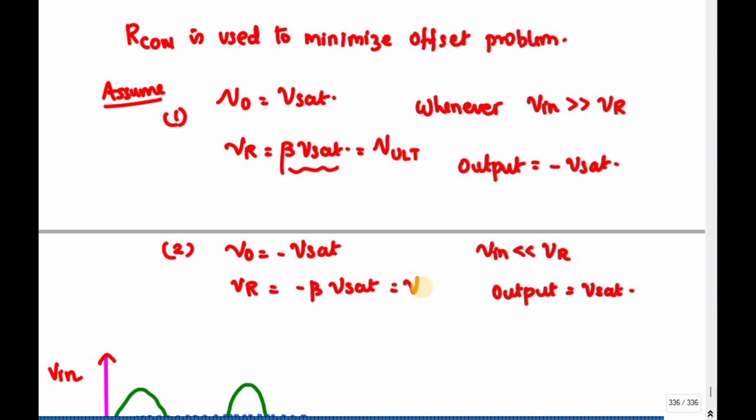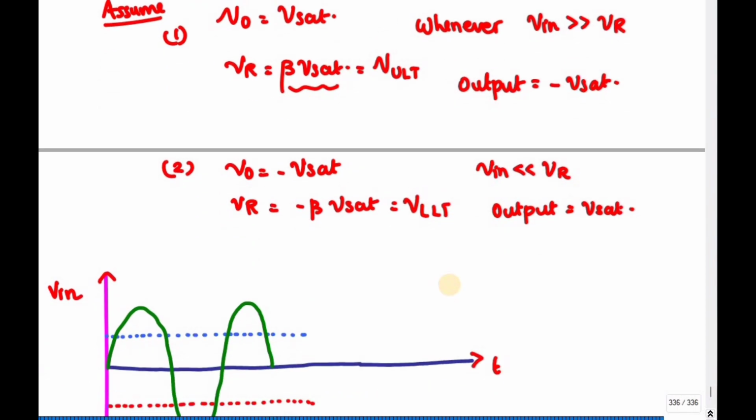This is my VLT, the lower threshold. So I have two threshold voltages here: one is VUT and another one is VLT.